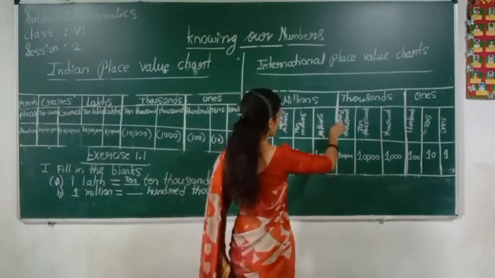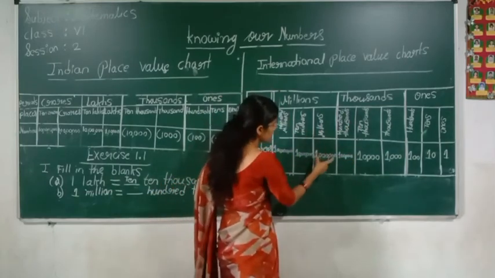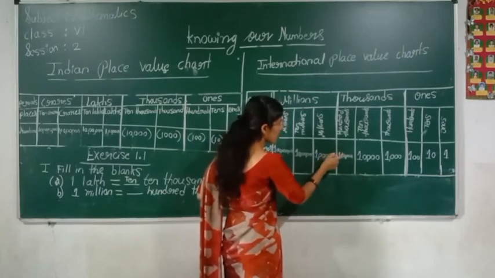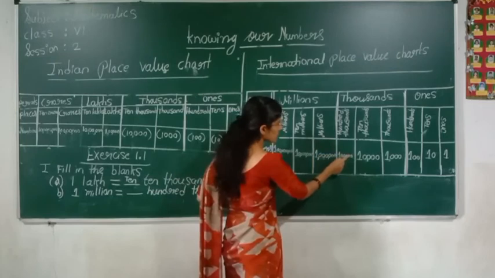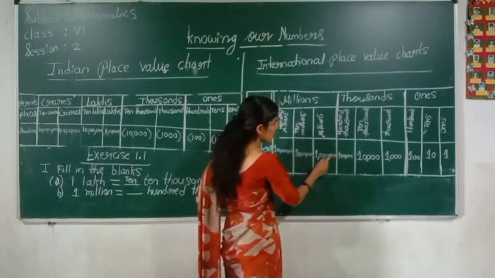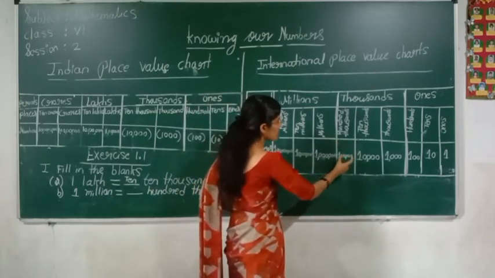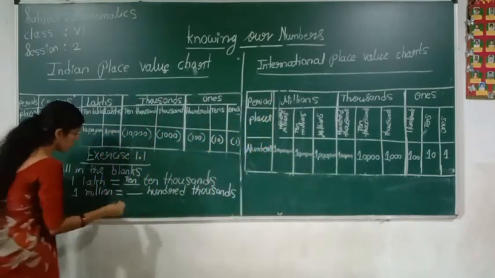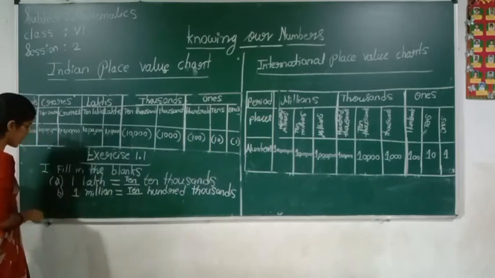See, 100,000 is here, right? They ask 1 million. 1 million is here. Okay. Here 100,000 times 10 is equal to 1 million. Now count the zeros. 1, 2, 3, 4, 5. Here 1, 2, 3, 4, 5, 6. In 1 million we have 6 zeros. In 100,000 we have 5 zeros. If we multiply by 10, it will become 1 million.